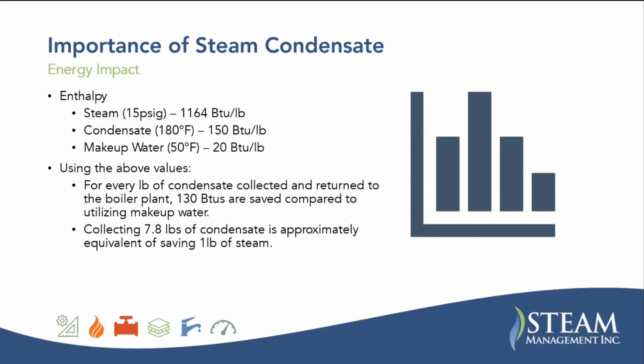So every bit of makeup water that comes in is cooling off the system compared to returning condensate, which still has some good energy left. Every pound of condensate collected and returned saves 130 BTUs compared to using makeup water. Comparing that to the roughly 1000 BTU difference between steam and condensate, about 7.8 pounds of condensate would be equal to 1 pound of steam.